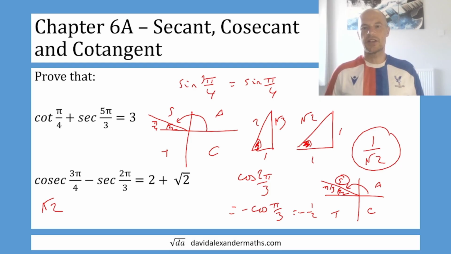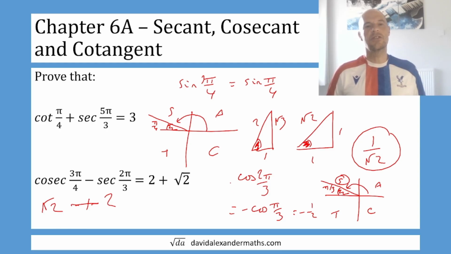Now we want the sec of 2 pi over 3, which is 1 over negative 1/2. 1 divided by 1/2 is 2, so 1 divided by negative 1/2 is negative 2. So we want to subtract negative 2, and minus negative 2 is plus 2. So we've got root 2 plus 2, which is the same as 2 plus root 2. A bit of a fiddle, that one.